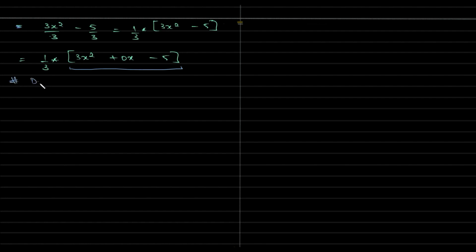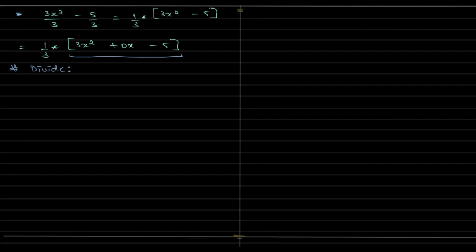So let's divide. We are looking at 3x square plus 0x minus 5. You can see that I'm neglecting 1 by 3.